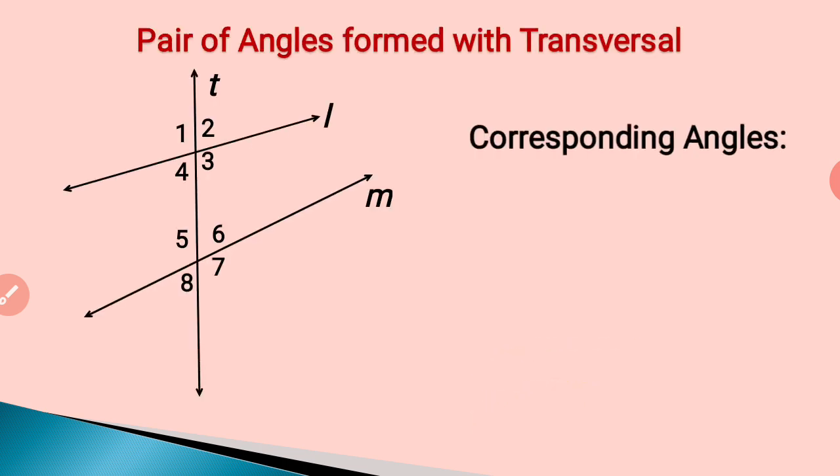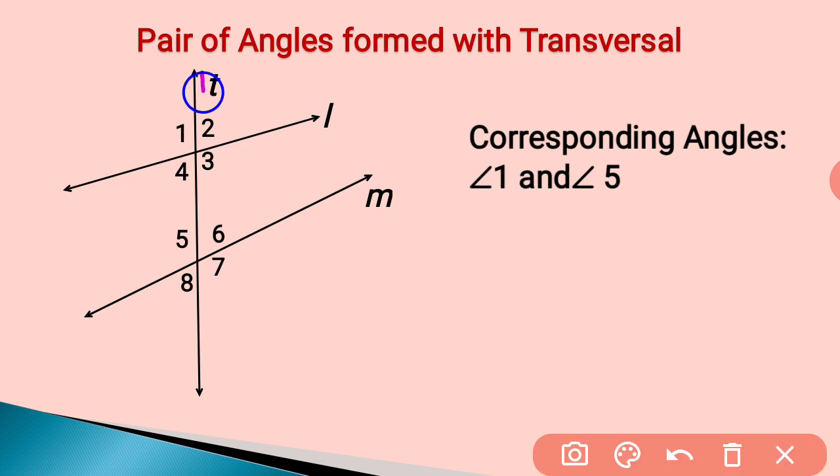Next, the first pair of angles which are formed with the transversal are corresponding angles. Now let us see what corresponding angles are. Angle 1 and angle 5, they are corresponding angles. Now let us consider the transversal as the partition. Then I have line L and M already over there.